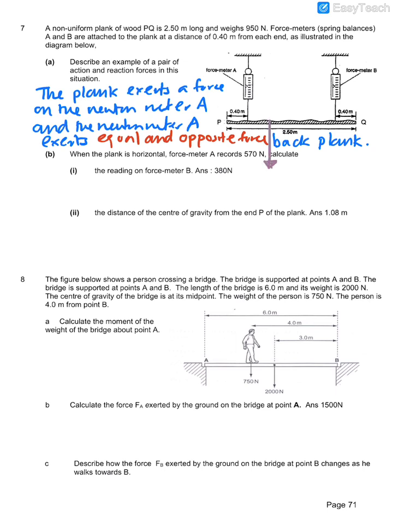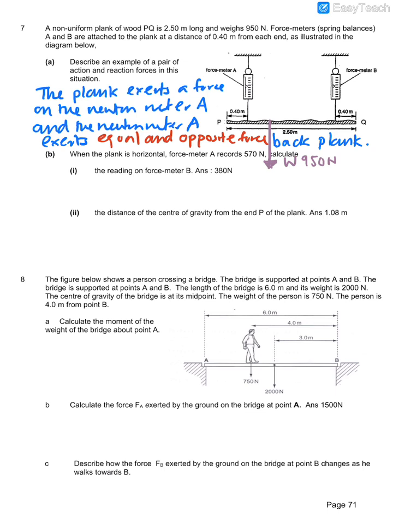So we draw one arrow like that, and then we say the weight. Are you given the weight of the plank? Yes, 950. Then you label it. There are two more forces. Where are they?